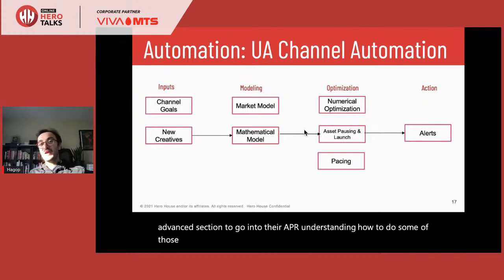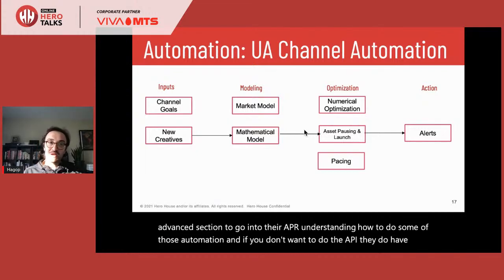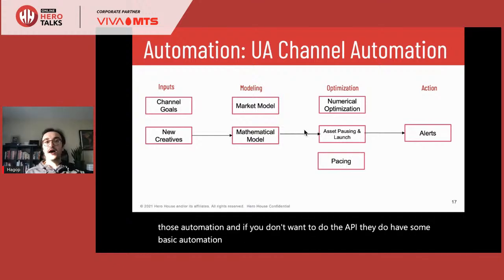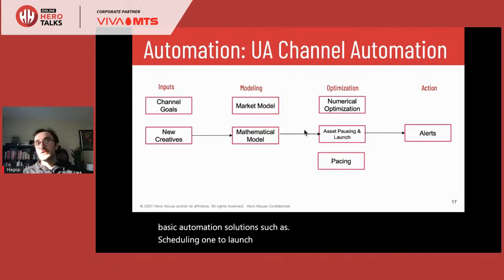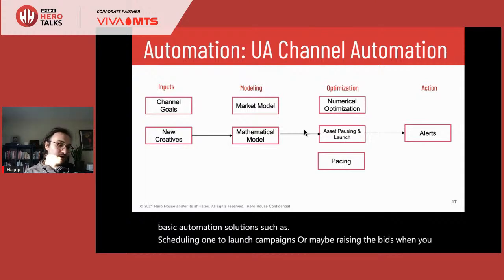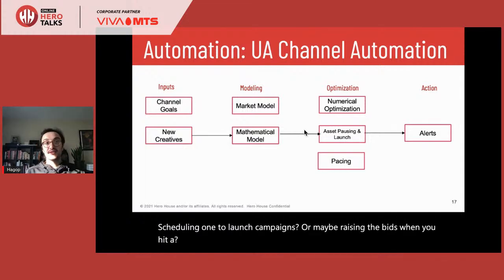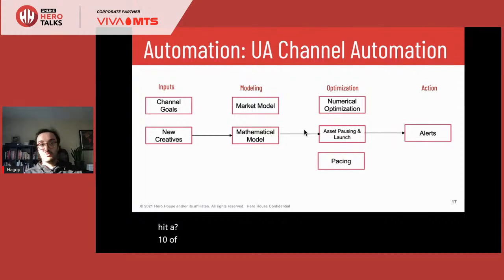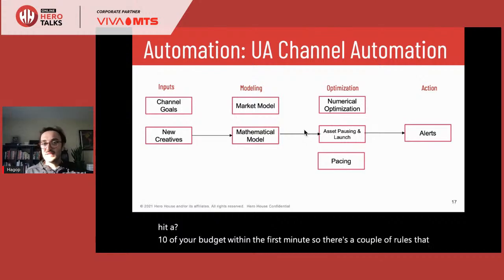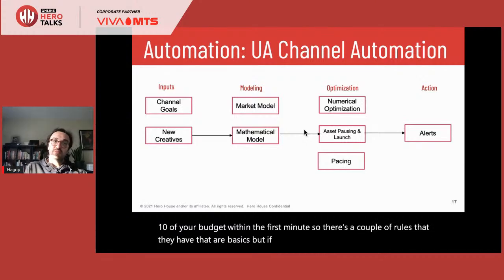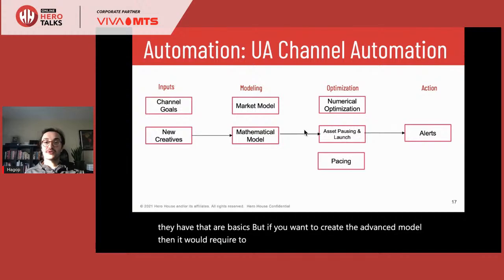If you don't want to use the API, they do have some basic automation solutions, such as scheduling when to launch campaigns, or raising the bids when you hit 10% of your budget within the first minute. There are a couple of basic rules, but if you want to create the advanced model, it would require a product built out.